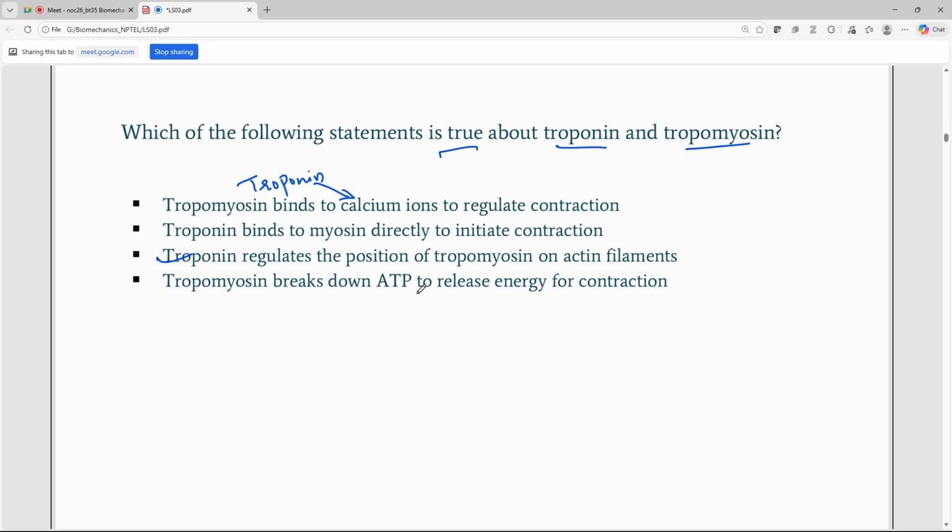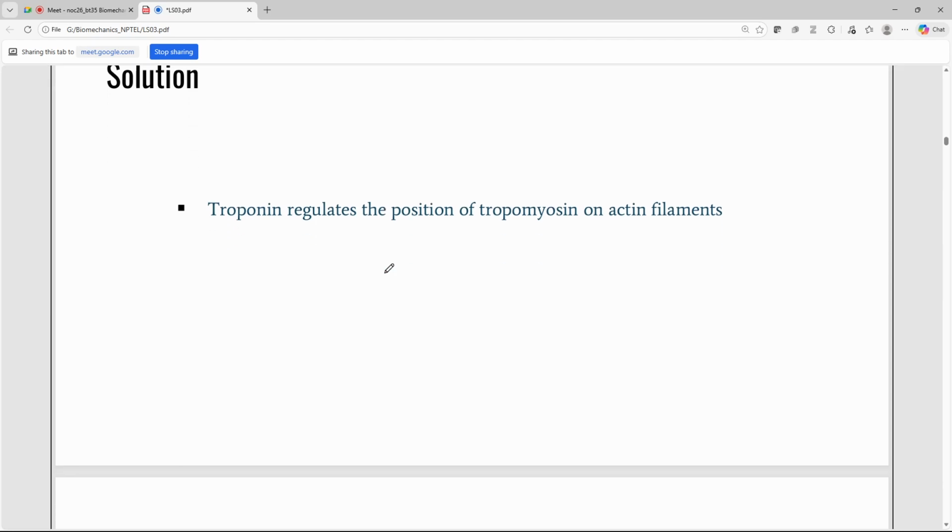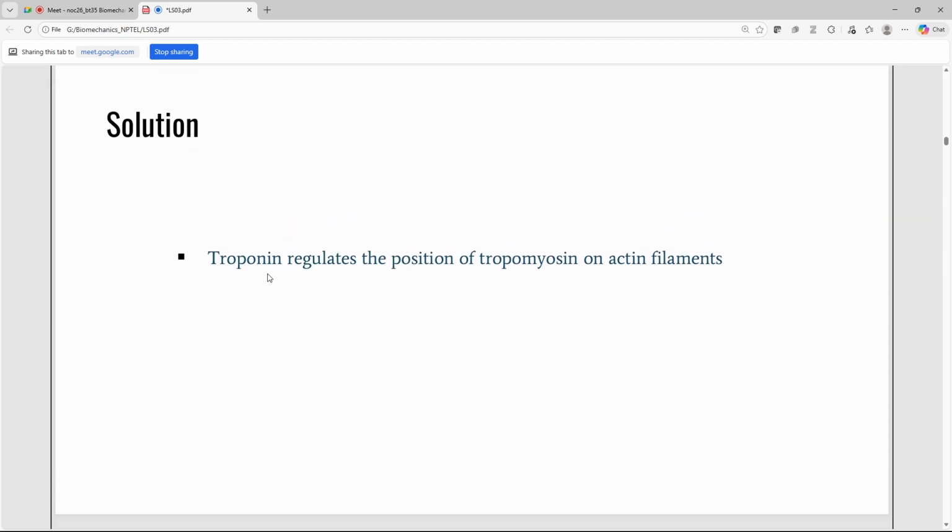Also, tropomyosin doesn't break down ATP to release energy. So calcium ions get attached to troponin, and once the troponin moves, it will shift the tropomyosin to expose the binding sites on the actin filaments.